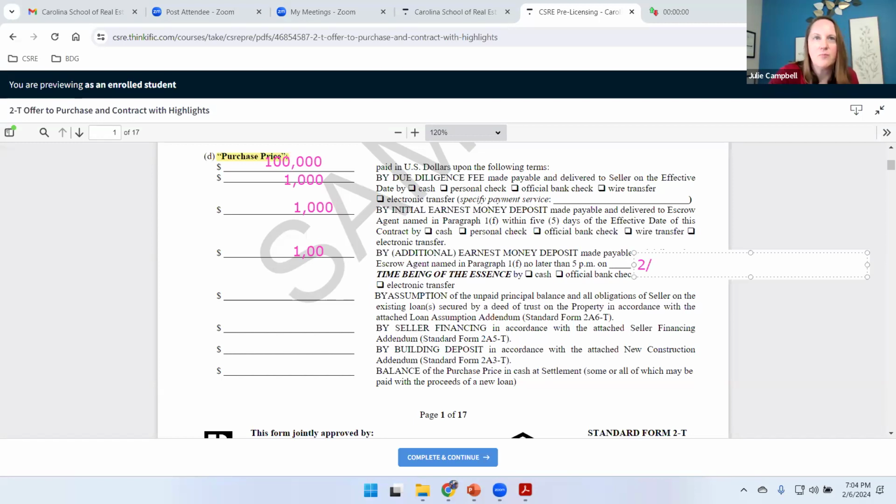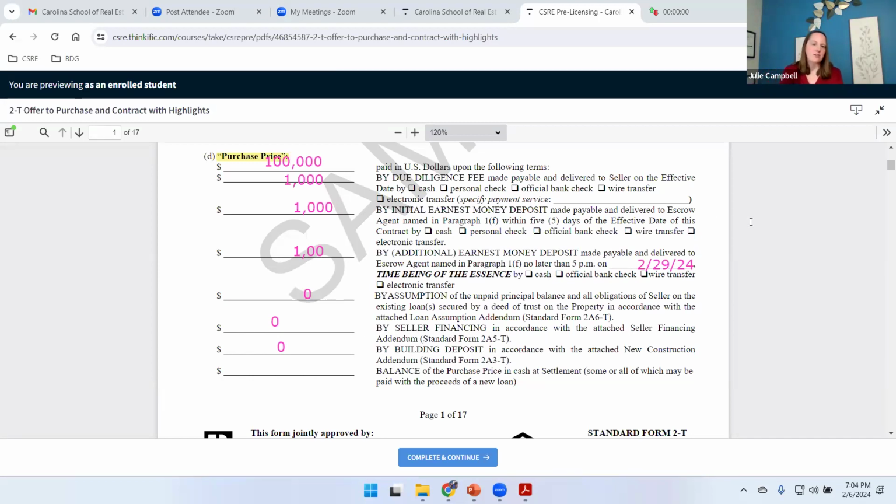It's a leap year, isn't it? So yes, 29. I was trying to be smart. That's what I get. So, and we're not doing assumption. Remember, we're not leaving a blank. We're not doing seller financing, and we're not doing new construction.